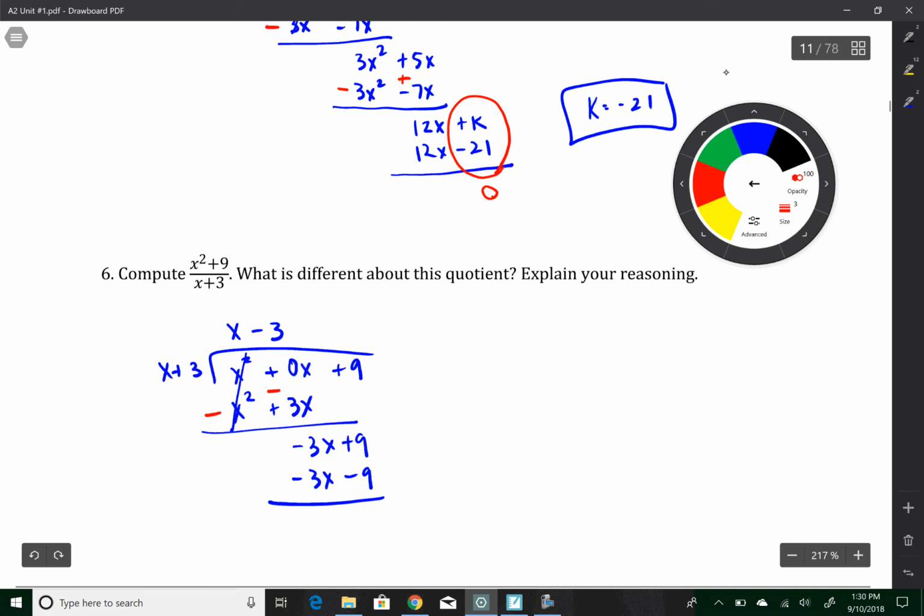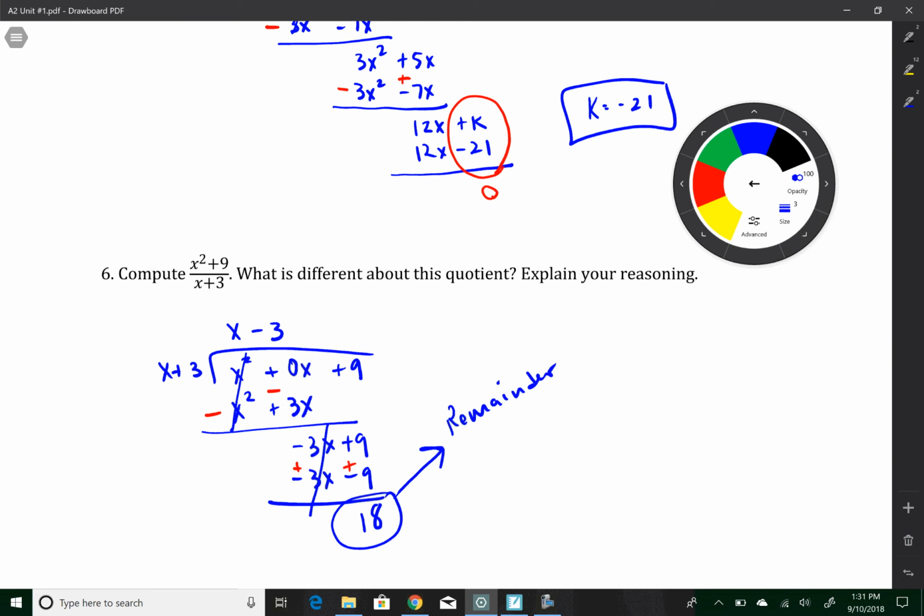Well, if I change my signs to a plus and a plus, these still cancel, but 9 plus 9, well, that's 18, not 0. What does this mean? Well, this means a lot of different things. One, it means there's a remainder, which I'm hoping you're all able to infer from all the long division work you did way back in elementary school.